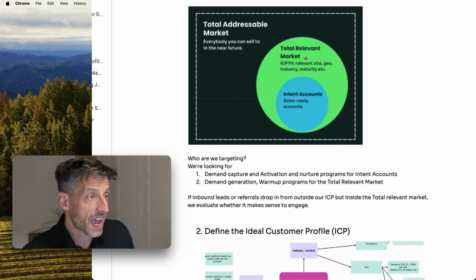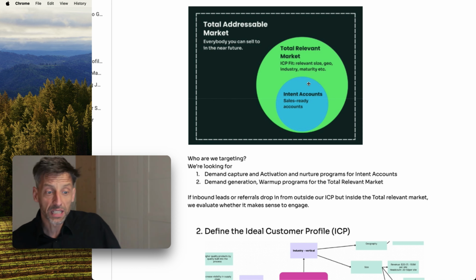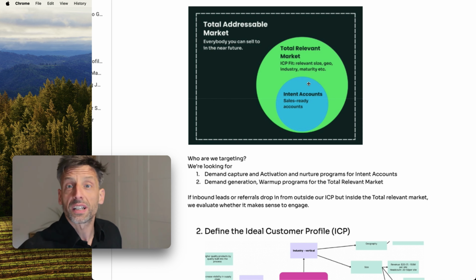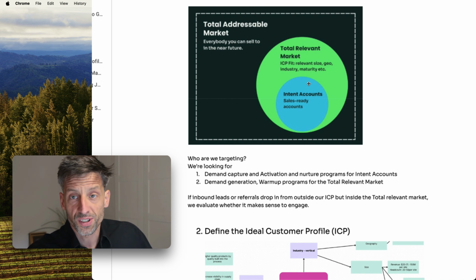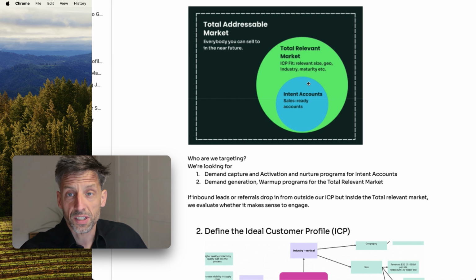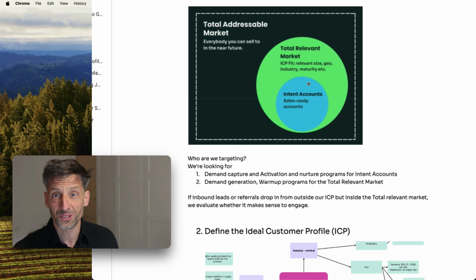Okay. And inside of your total relevant market, you have the intent accounts, meaning if you're doing sales and marketing activities, there are going to be companies who show signals that they are sales ready. So there are going to be companies who signal one way or another that they're ready.